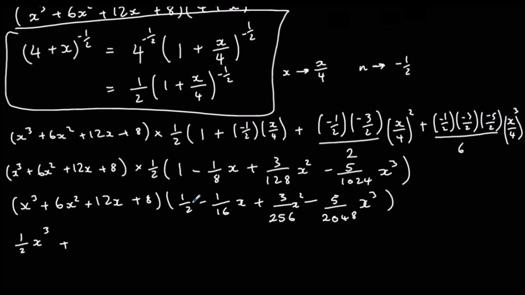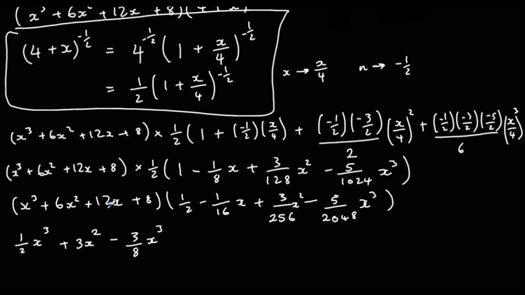So 6x squared times a half is 3x squared. 6x squared times negative a 16th x is negative, so 6 over 16, which is 3/8. And that's x cubed. So we don't want to go any further than that.